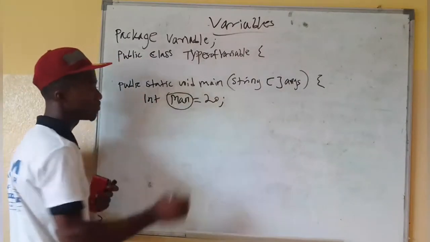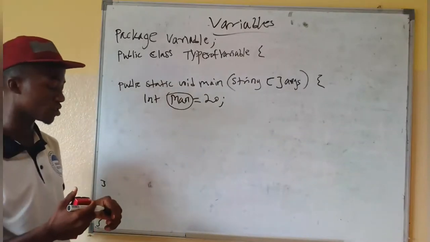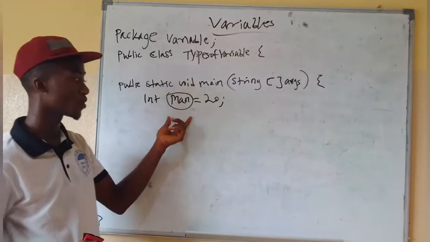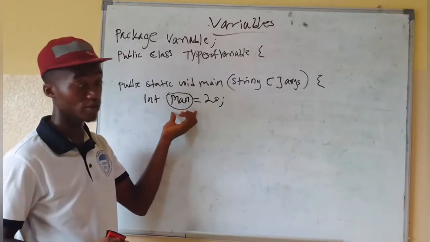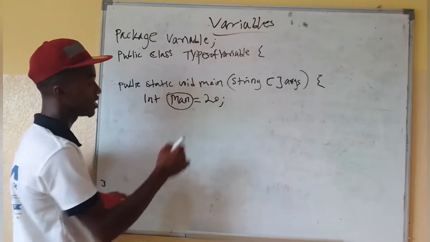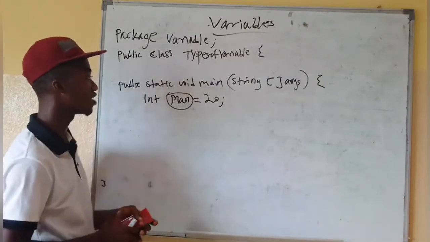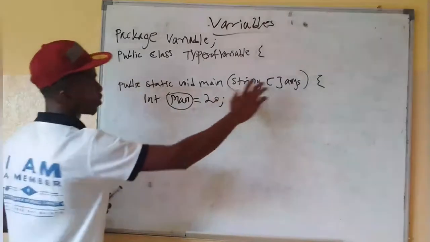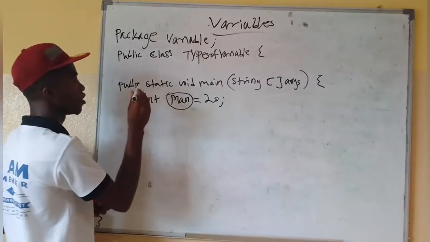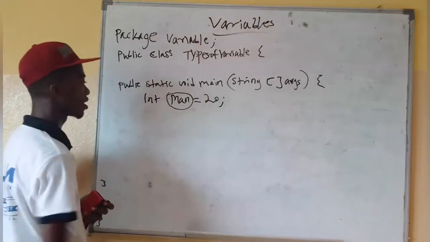Man here in this particular statement is a variable, and because it is being declared inside the main method, it is referred to as what? It is being referred to as a local variable. This variable man in this particular statement is a local variable because we have declared it within the method. So therefore it is a local variable.